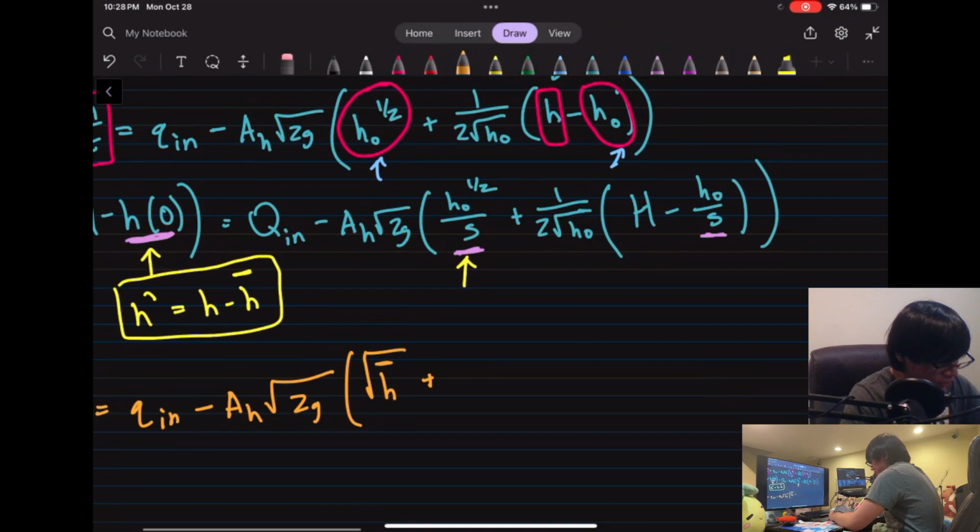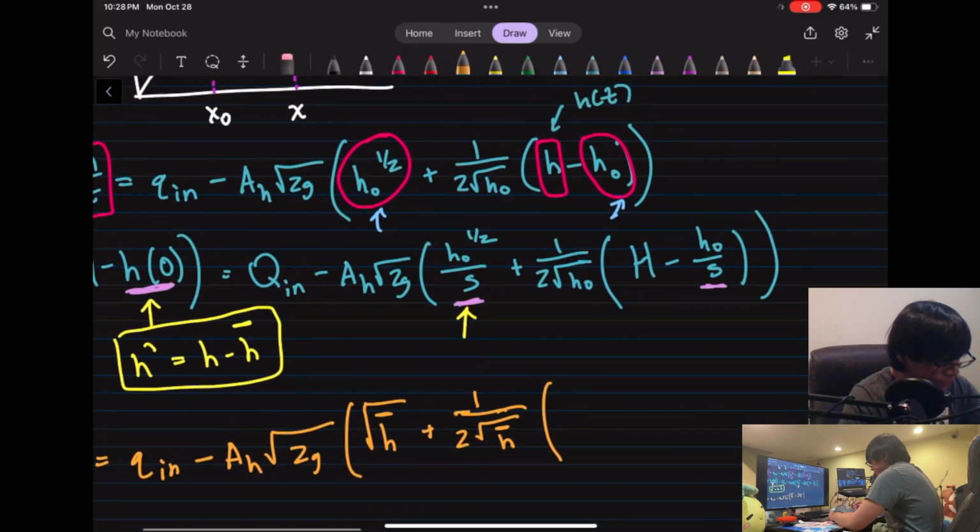If you remember from when we did the tanks, and pretty much every time we've solved an IVP, we have to use this idea of initial steady state to solve our initial value problem. That's exactly what we're doing here.